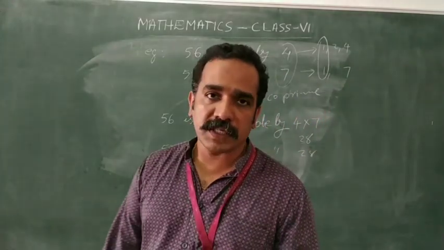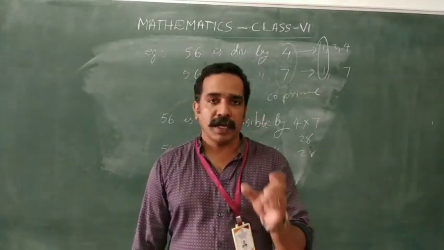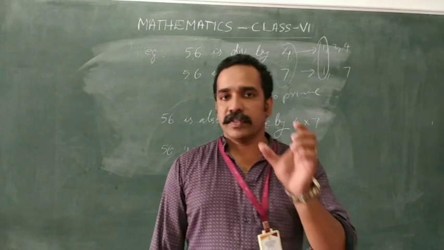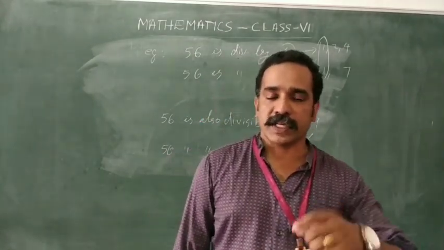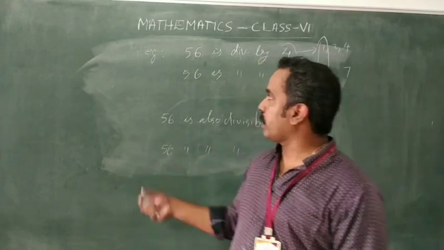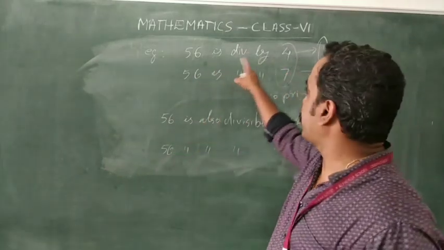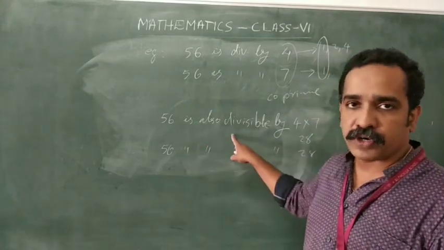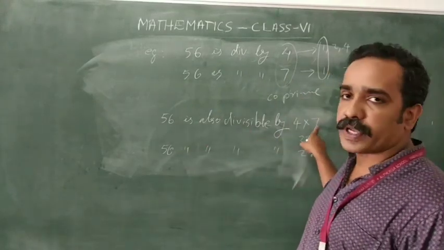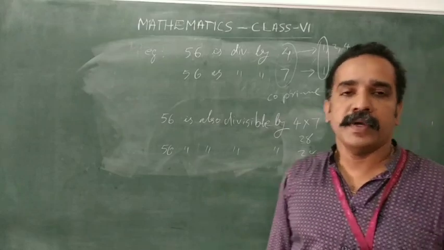First property what we said, if a number is divisible by another number, then that first number is also divisible by all the factors of the second number. Then second property, if a number is divisible by two co-prime numbers, then that number is also divisible by the product of those co-prime numbers.